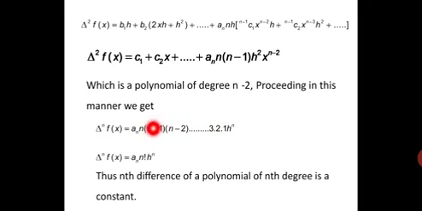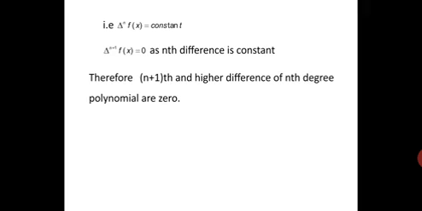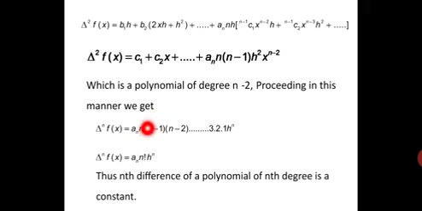In a simple way, it is nothing but an into n factorial times h to the power of n. Thus, the nth difference of a polynomial of nth degree is a constant. There is no x term in this, you can see it here. So it is a constant.